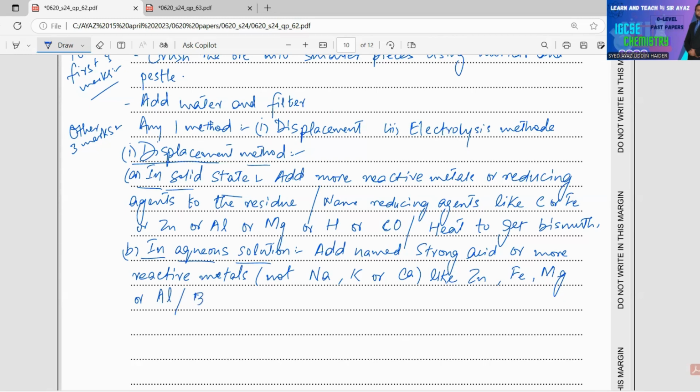So bismuth is displaced or reduced from its oxide, which is a compound.